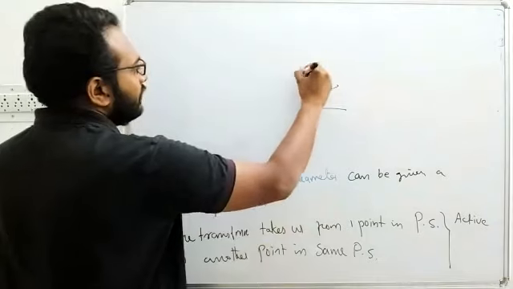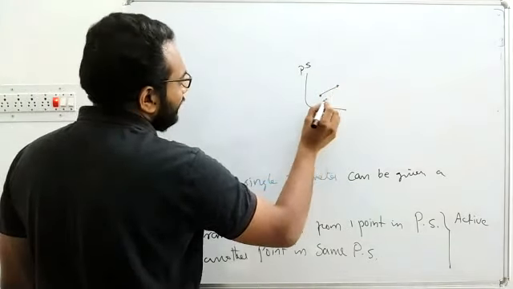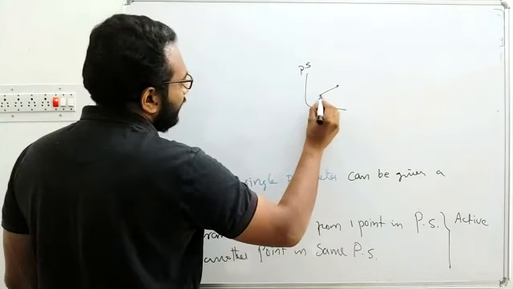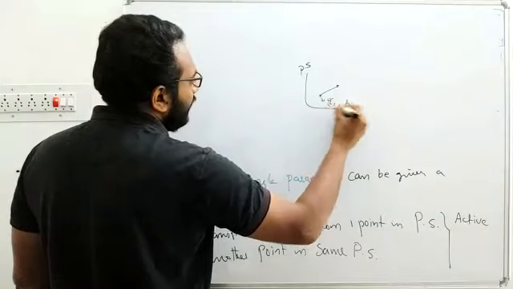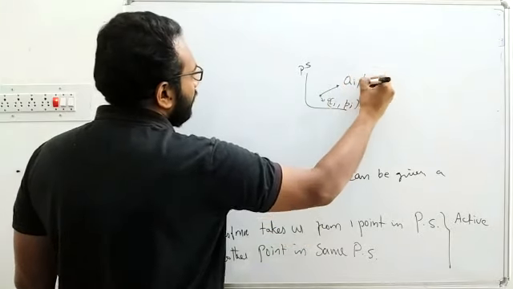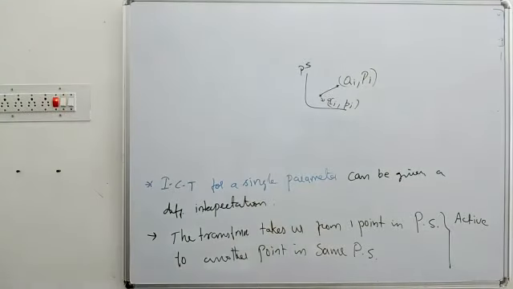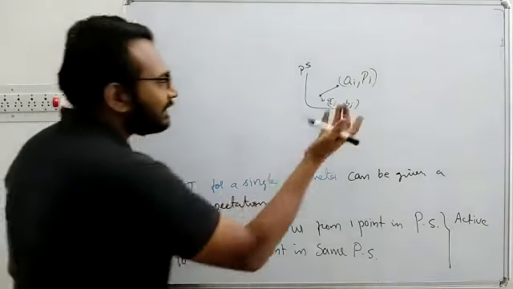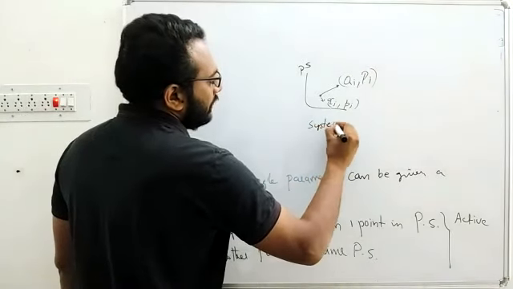Suppose this is a phase space. In the active viewpoint, we are saying that the representative point actually moves from the old coordinates qi, pi to the new coordinates capital Qi, capital Pi. So the system is actually moving, the system is actually changing, or the system is actually tracing a curve in the phase space.